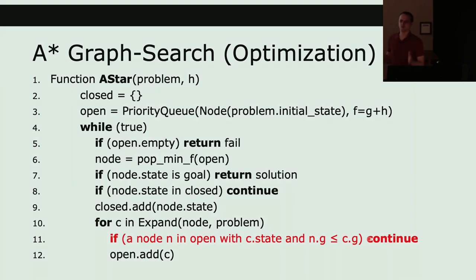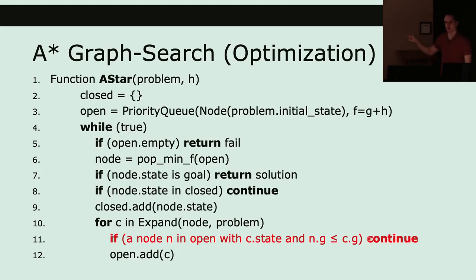It's never going to be a better path. Now, if you don't have this optimization, you are still going to get the same answer. But this will save some memory in the open list. So this is a memory-saving device, and because I'm going to be showing things in slides, I need a memory-saving device so the open list doesn't get bigger than the slide. Okay?